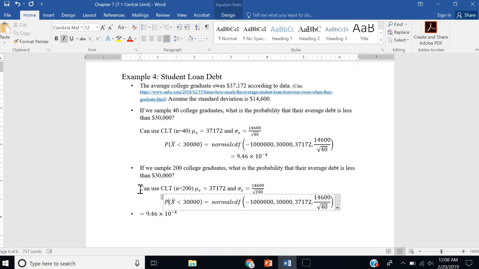So that means the probability of having a single sample of 200 college graduates and having their average being less than 30,000, we would do normal CDF, negative big number, up to 30,000, average, and then original standard deviation divided by the square root of 200 is my new standard deviation.